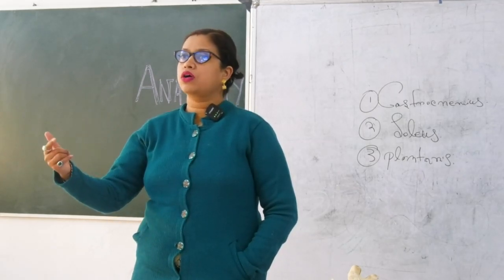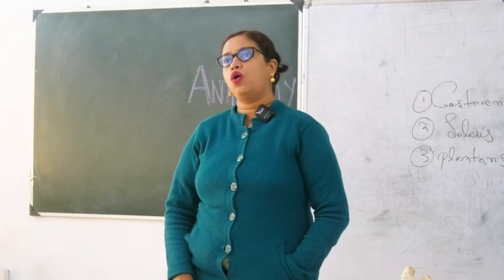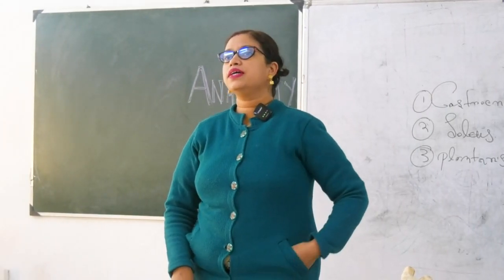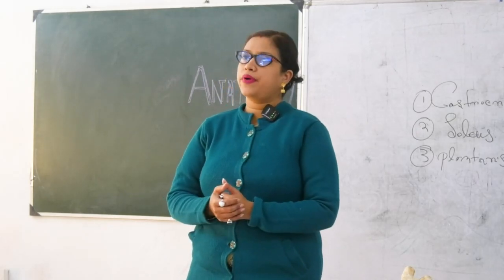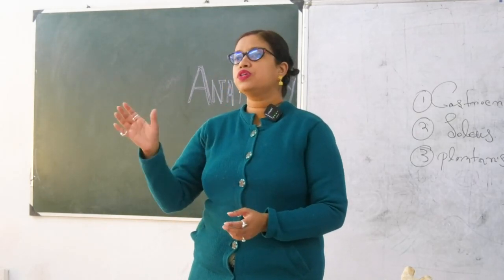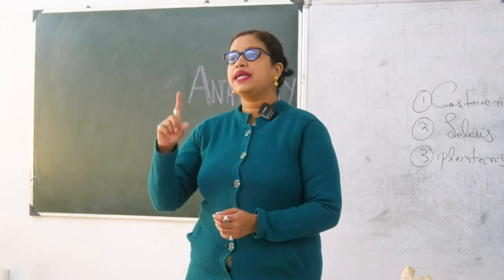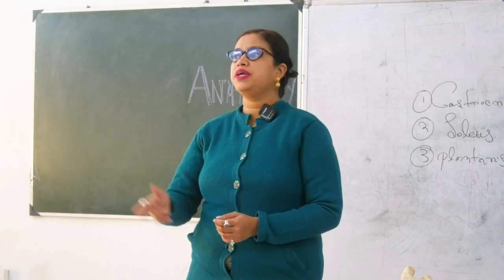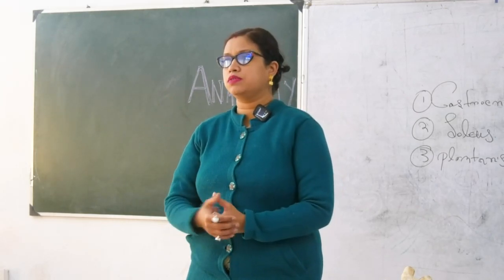Flexor digitorum longus, and নিচে below groove কে যাবে? Flexor hallucis longus, okay. So these are the three different types of tendon, okay. Tomorrow we will dissect all this part, okay. The muscles, you could see how one by one layer it is present, okay. So for getting the plantaris, you have to cut the medial head of gastrocnemius, okay, then only you will be able to see it if it is present.